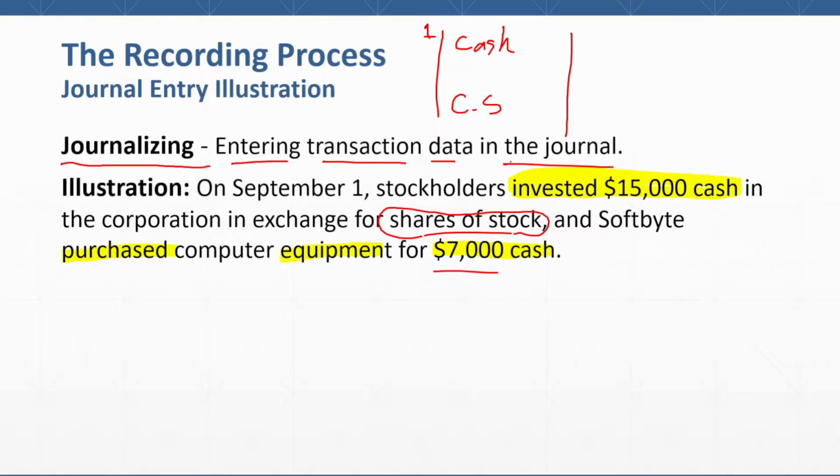Step 2, identify which account is increased and which account is decreased. Here we have received some money. They invested in the company, so we received some cash. Cash went up, cash is increased. How about common stock? Is it increased or decreased? To answer that question, we need to know the definition of common stock.